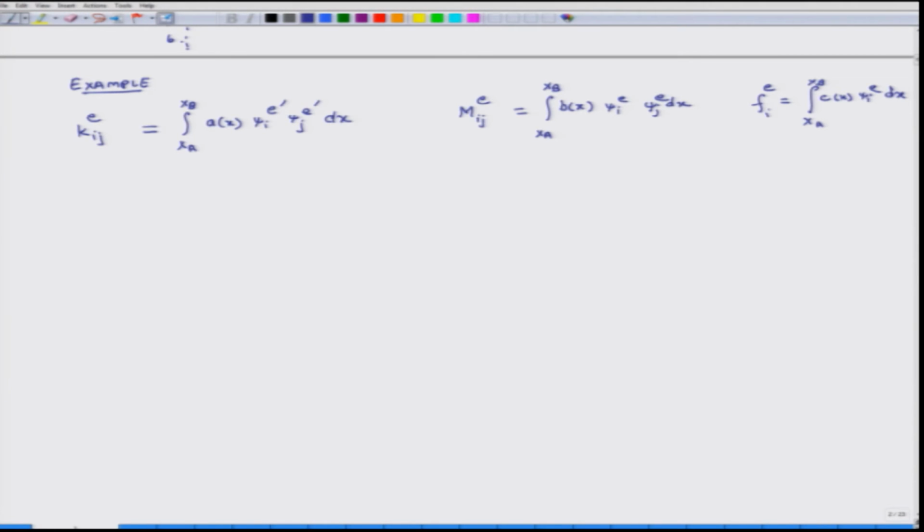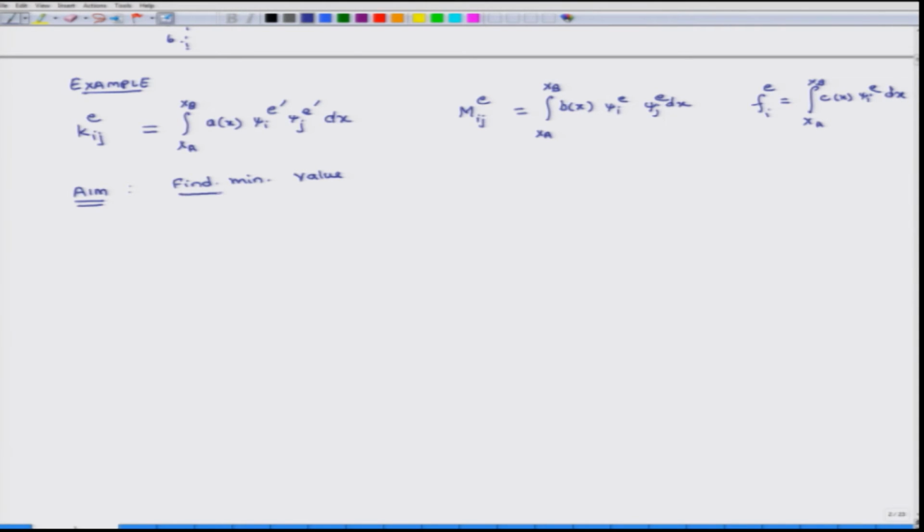Now, here our aim, the first step, if I have to evaluate these integrals, is to find what should be the minimum acceptable value of r. That is, how many quadrature points should we use to calculate these integrals.